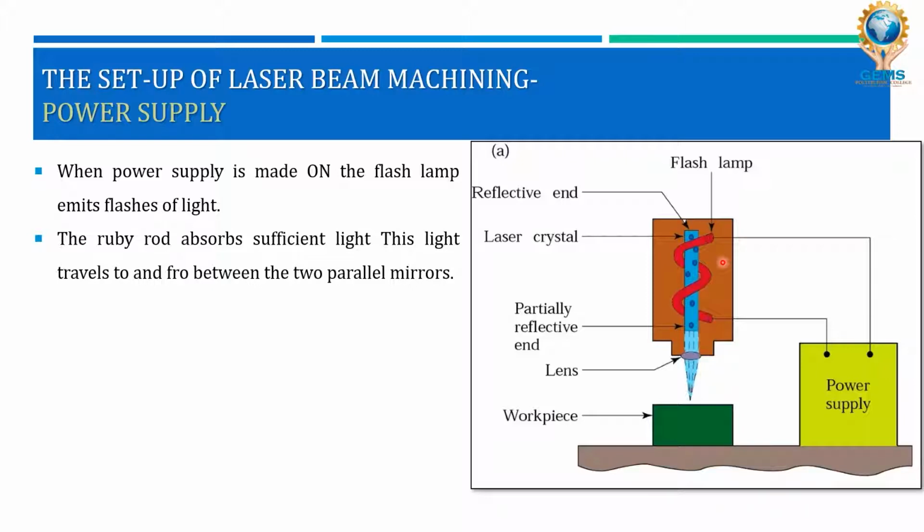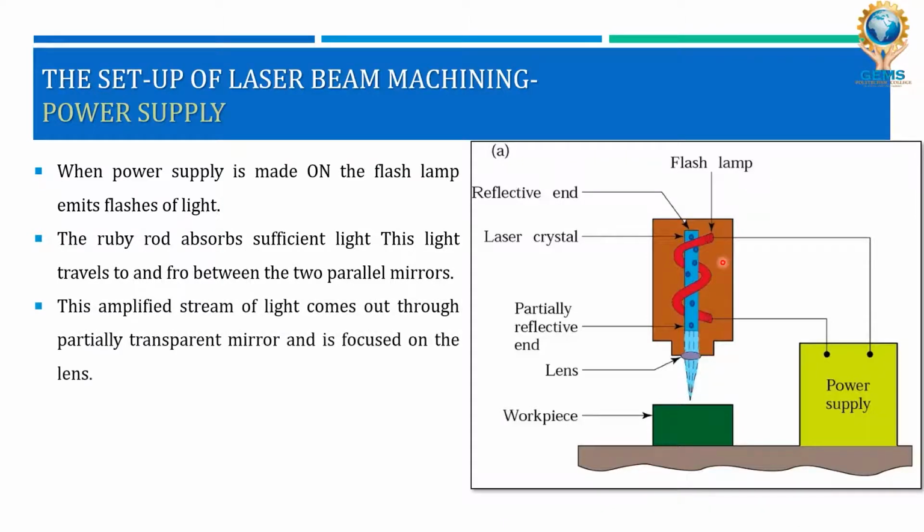So this amplified stream of light comes through the partially transparent mirror. When it becomes a high beam of photons, it comes out of the partially transparent mirror and goes to the lens, and it will be focused towards the workpiece. So the lens converges the laser beam on the workpiece.